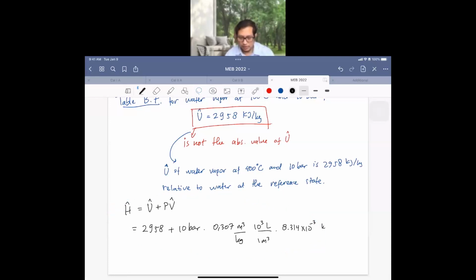The gas constant is in kilojoule per mole Kelvin, defined by conversions as 4 bar liter per mole Kelvin. You need to check the unit conversion. Now we get the enthalpy from here as 3264 kilojoule per kilogram.